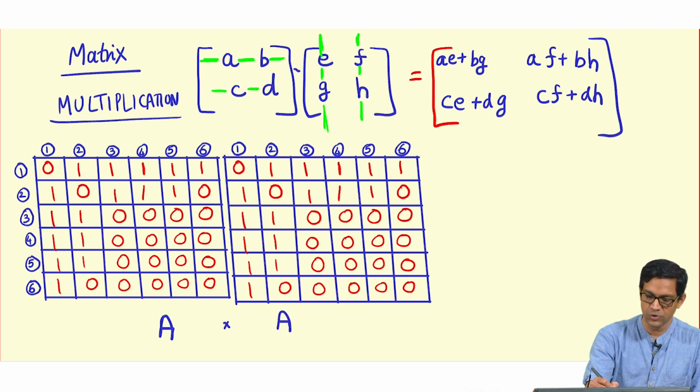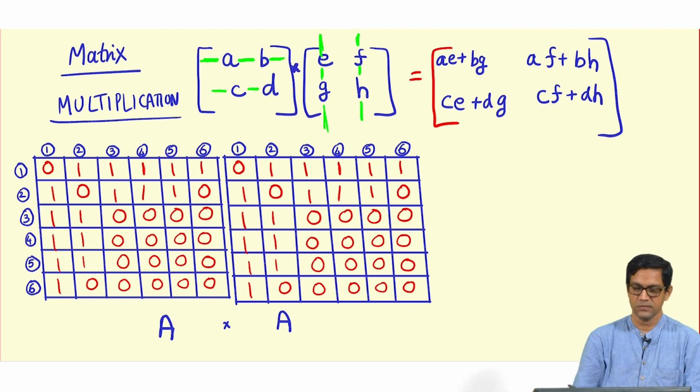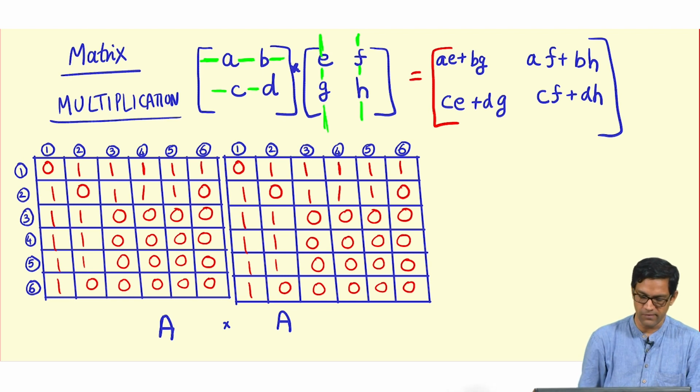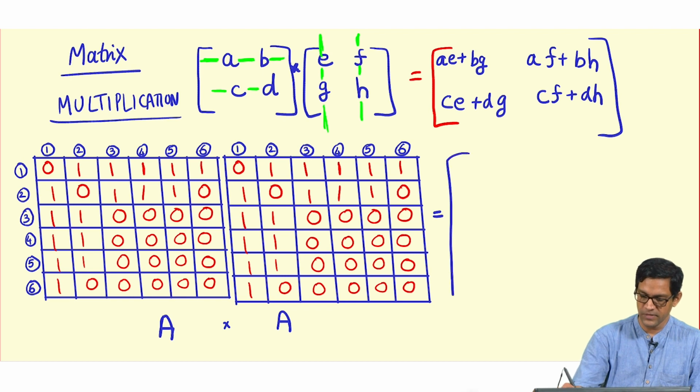The thing I showed you here is the product of this 2 cross 2 matrix times the 2 cross 2 matrix EFGH. Now, we will do just A with itself and try to see what the different elements of the answer will look like.